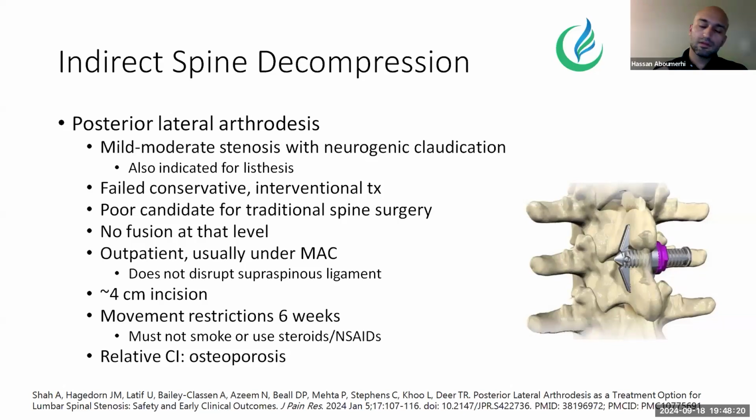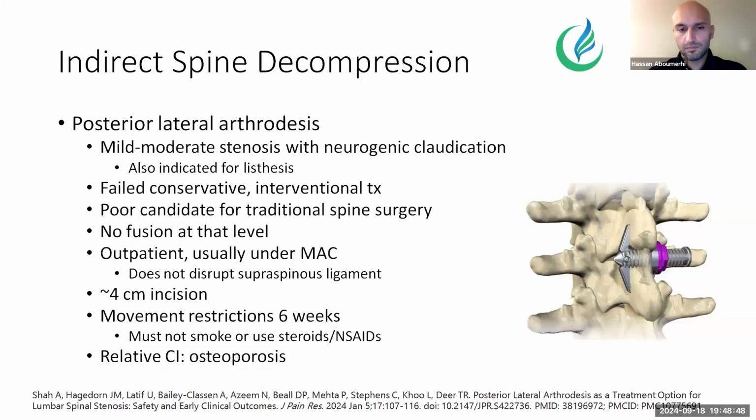And then instead of decompressing the spine through distraction in the cranial caudal plane, coming in laterally and then dilating and using sort of screw fashion to distract the spinous processes, you're potentially able to open up that space in a similar fashion. There have been no head-to-head studies in this case.